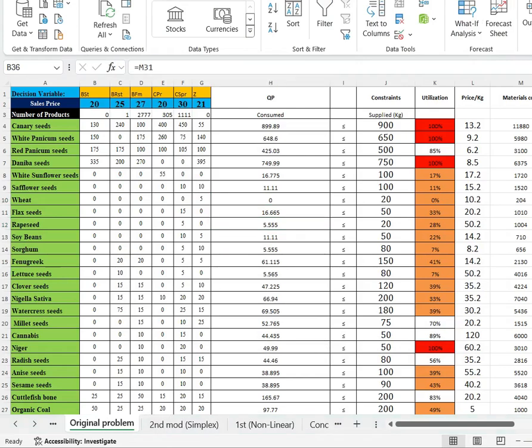So how to solve this problem? Actually, for these four capacity constraints, we multiply them by 2. So let's just say this equals this, and we multiply it by 2, and this one, and this one, and finally this one.